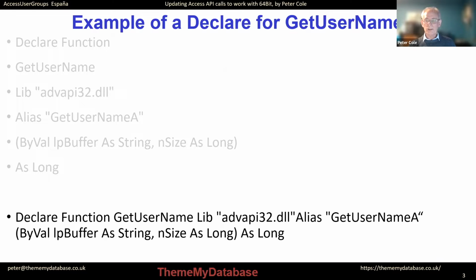That is the actual name which Windows uses, so that has to be in the correct case. The uppercase G, U, and N and A all need to be that case. And the parameter we've got there is a string because it's going to return.